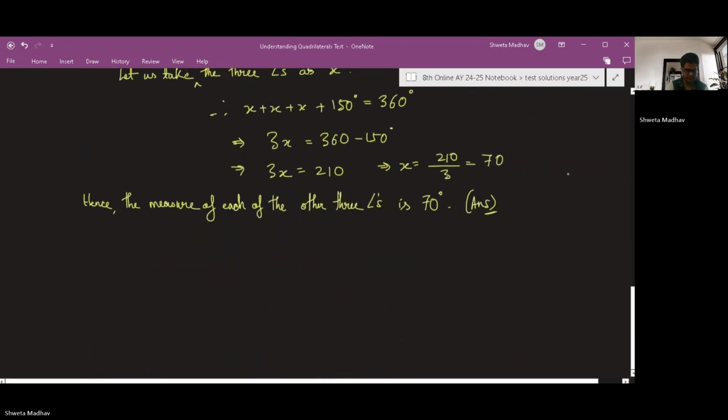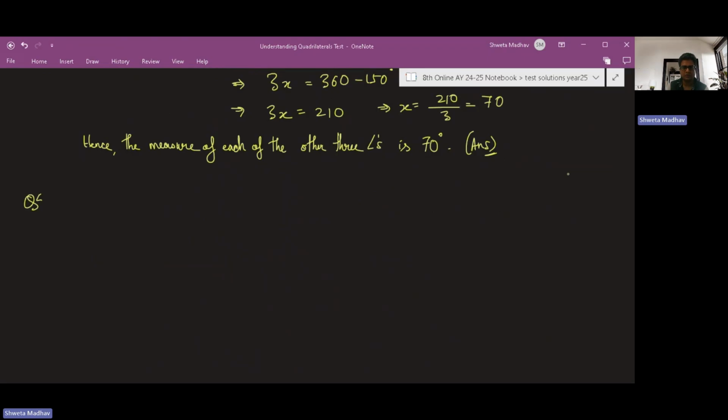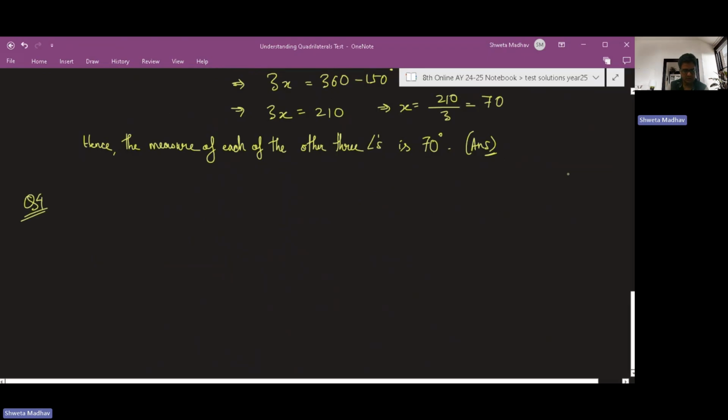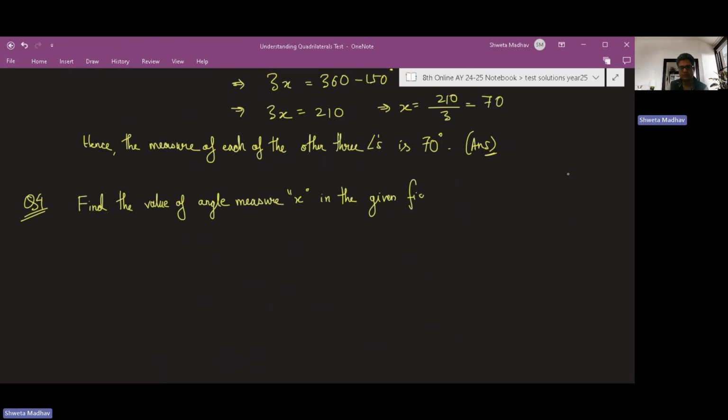Then in question number 4, it has been told that find the value of the angle measure x in the given figure. So here the figure is a hexagon.